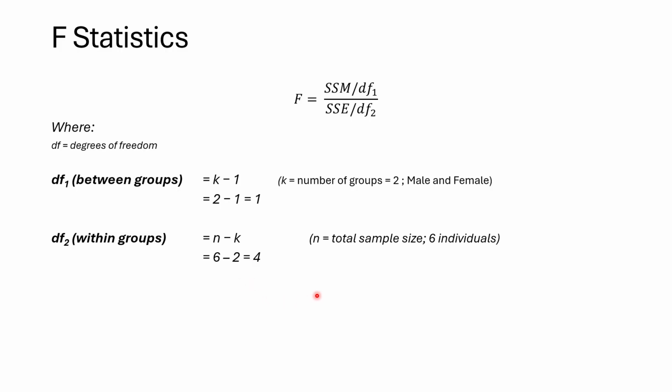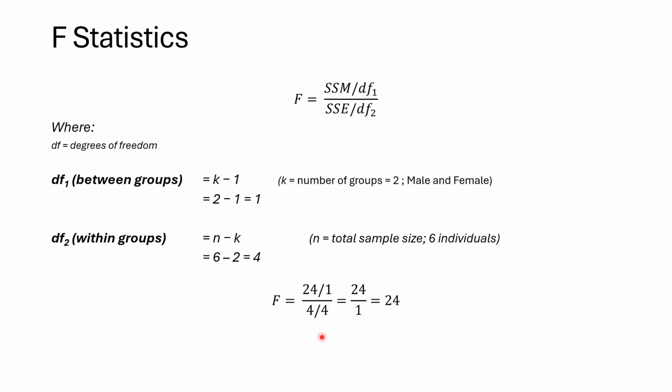So now let's calculate the F statistics. We know that the between group variability we calculated previously was 24. We divide it by the degrees of freedom between group, which is 1. And for the within group variability, the error sum of squares, we calculated it to be 4, and we divide it by 4, which is the degrees of freedom here.